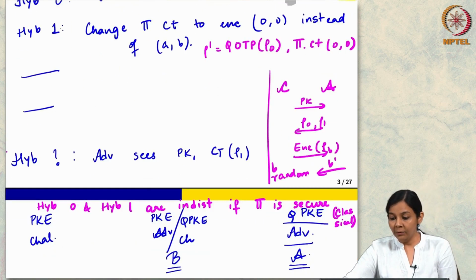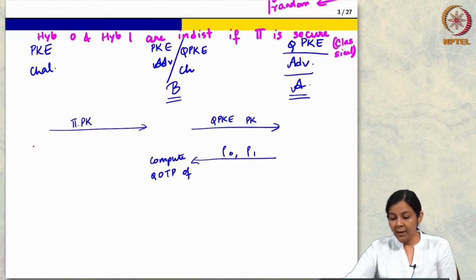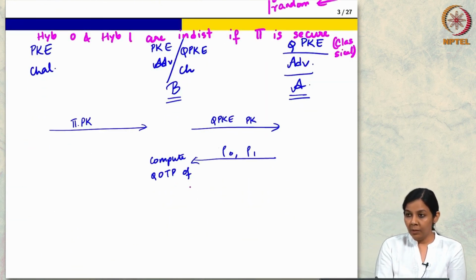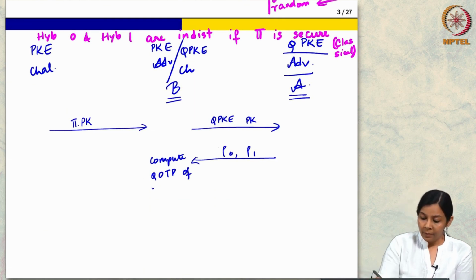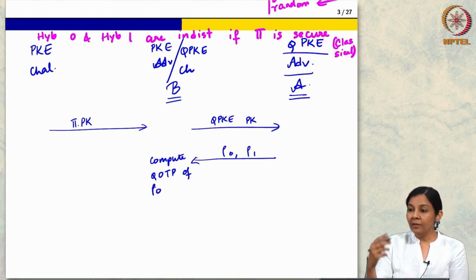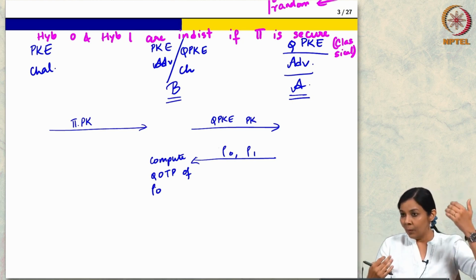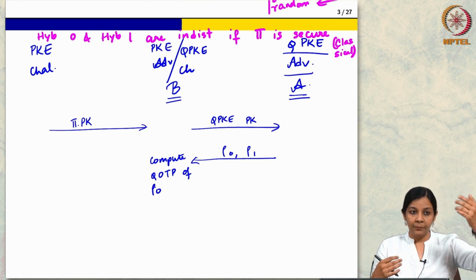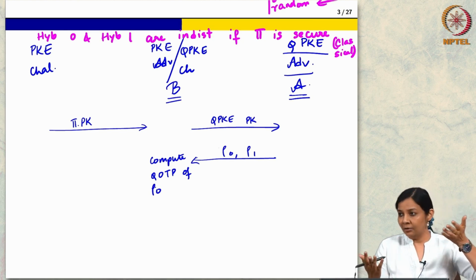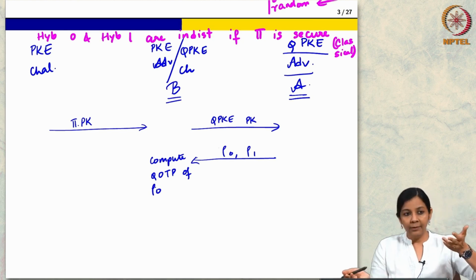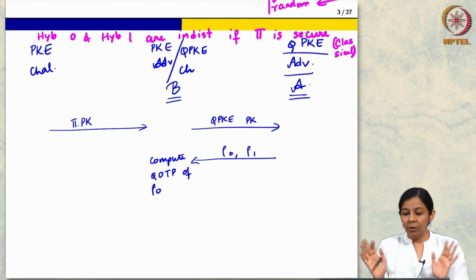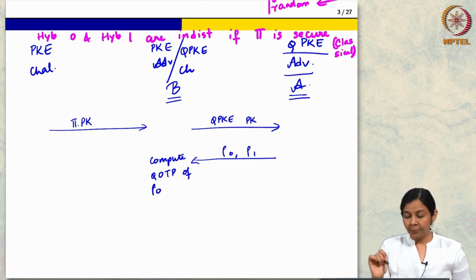So, now go back to my reduction. Tell me what am I computing a QOTP of? Rho 0, yes. Because I am distinguishing between hybrid 0 and hybrid 1, and in both of them the OTP part is actually the same, is it not? So, the OTP will be of rho 0.